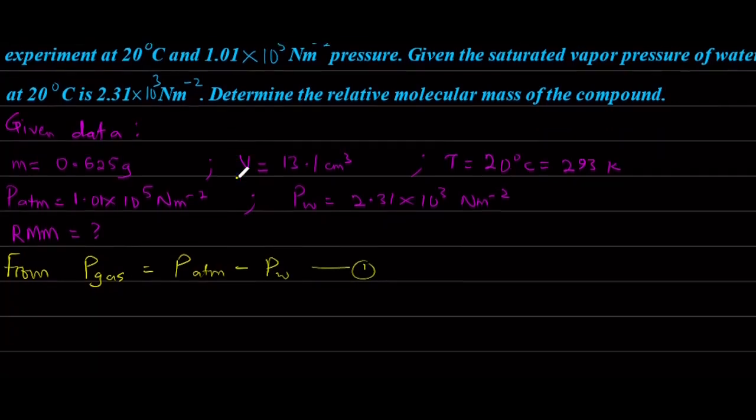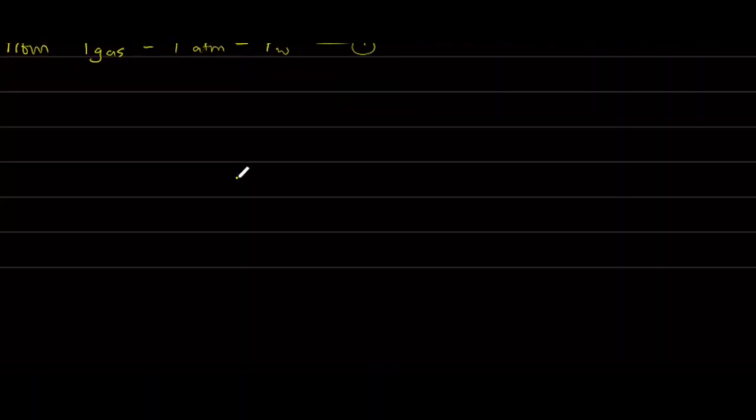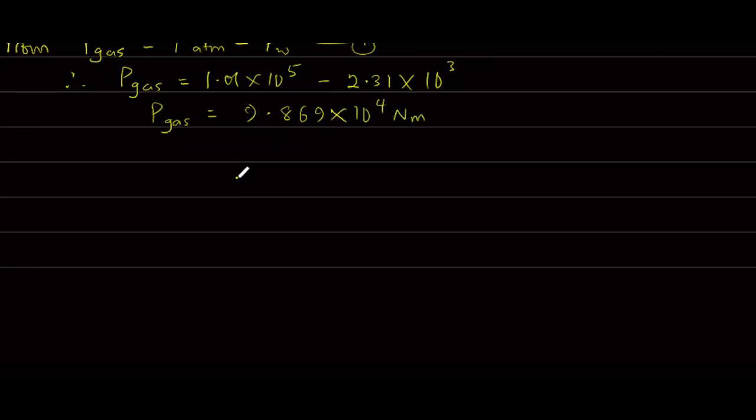So let's try to solve for this. That means P of gas is going to be the atmospheric pressure, 1.01 exponential 5, minus 2.31 exponential 3, and P of gas will give us 9.869 exponential 4 Newton per meter square.